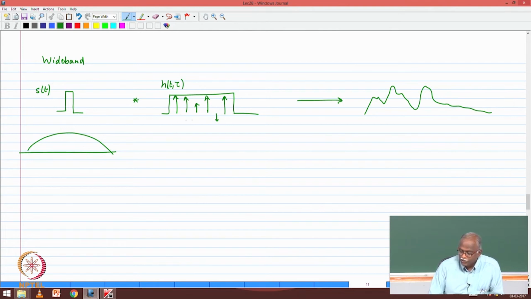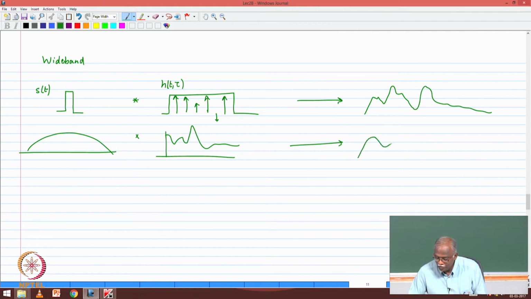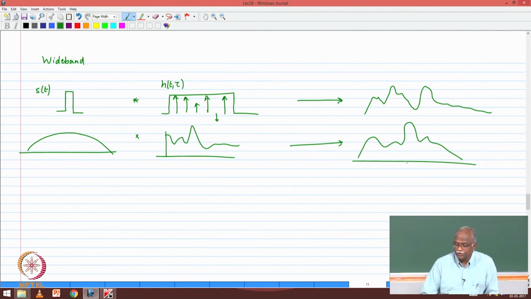Now I have to multiply by the frequency response of this channel. It's got some frequency characteristic. I multiply these two, and my input signal now has some effect of the channel, so the product of these two is shown.